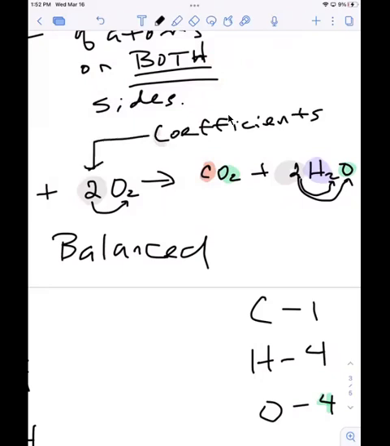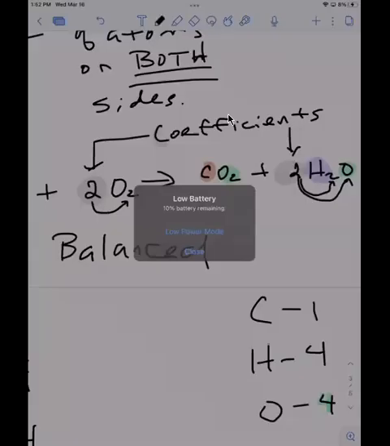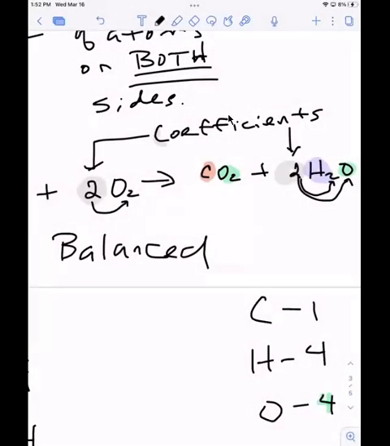Whenever we're balancing, that's how we balance an equation, using coefficients or numbers to even out the number of atoms on each side, right? And those coefficients give us all of our stoichiometric information about the ratios between the molecules. We can figure out all those relationships from the stoichiometric coefficients.